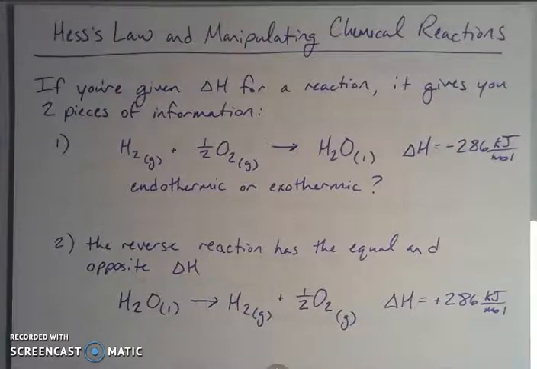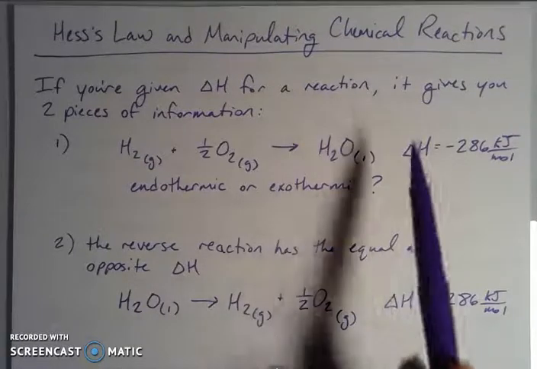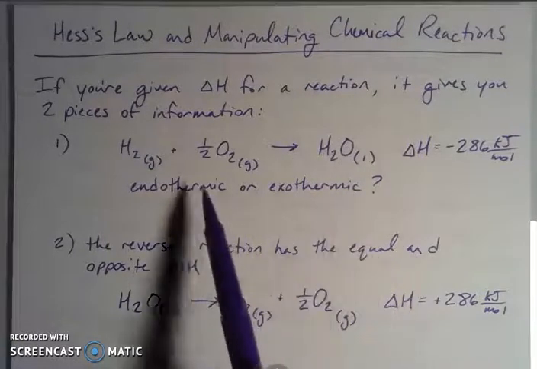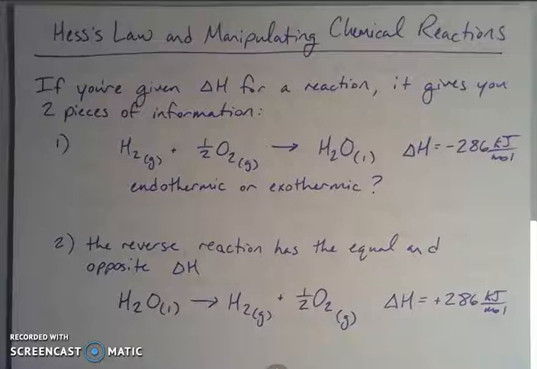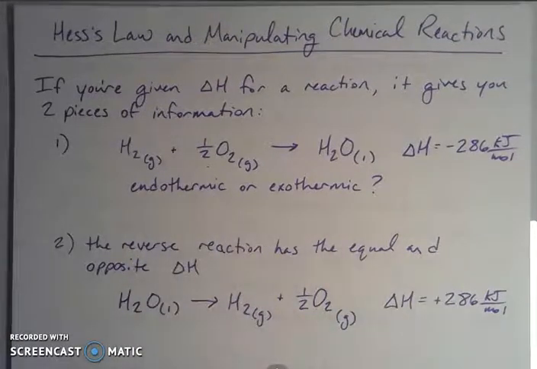So before we get into the nitty-gritty details of Hess's Law, let's look at what we get from delta H information. So if I have a delta H, in this case of formation, so I'm forming 1 mole of water, and this looks a little bit weird because we hammer into you guys who are learning chemistry that we need to have simple whole number ratios for our balanced chemical processes, right?